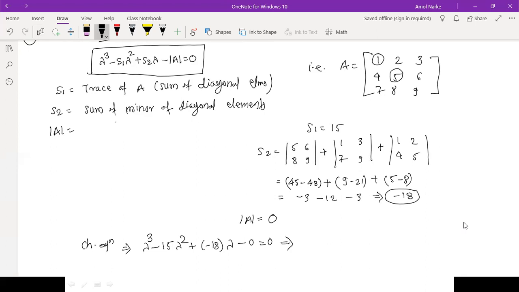So directly, lambda cube minus 15 lambda square minus 18 lambda equals 0. You can take lambda common out, so you get lambda square minus 15 lambda minus 18 equal to 0.